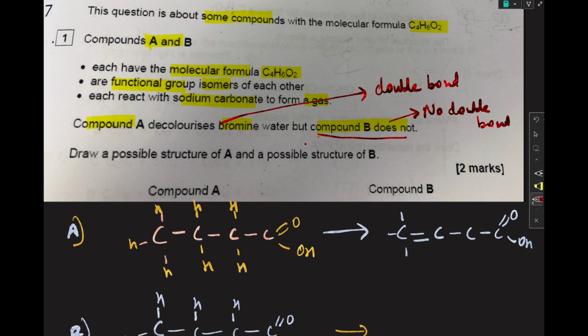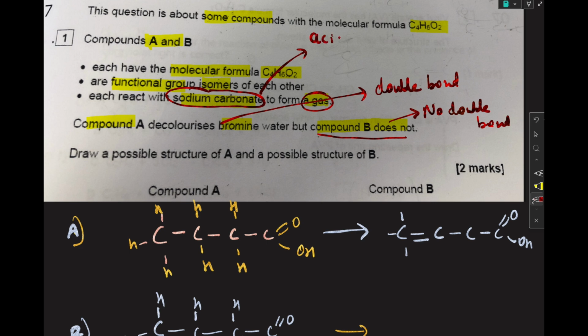Okay. And then they said each reacts with sodium carbonate. Now, if you remember from GCSE, any metal oxide, metal hydroxide, or metal carbonate are alkalis or bases, right? And they release CO2 gas if they react with an acid.